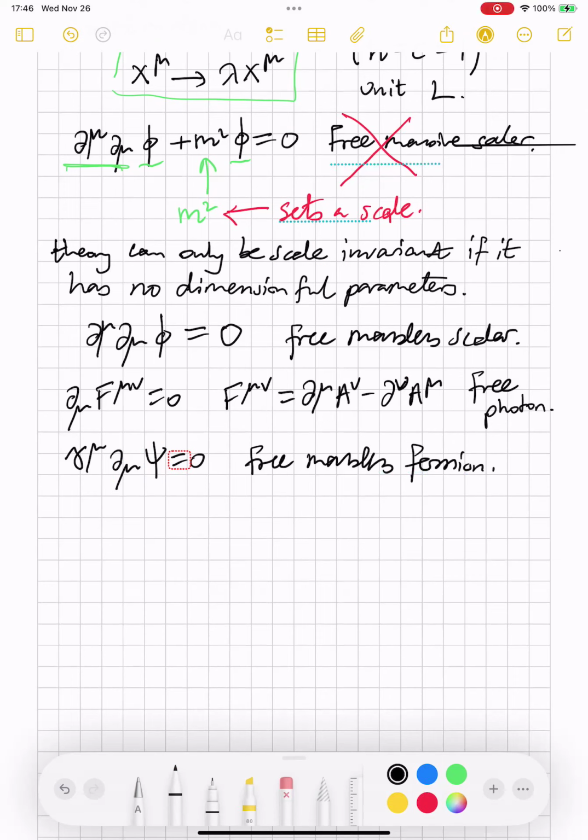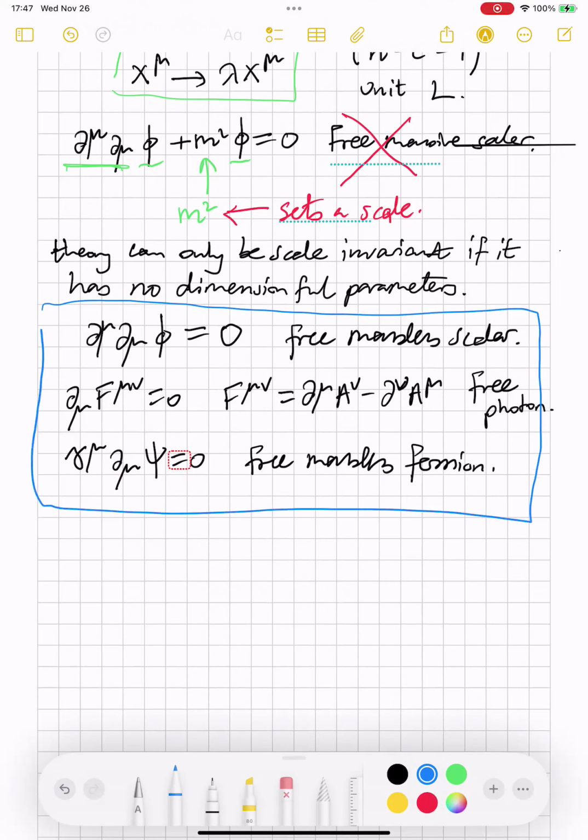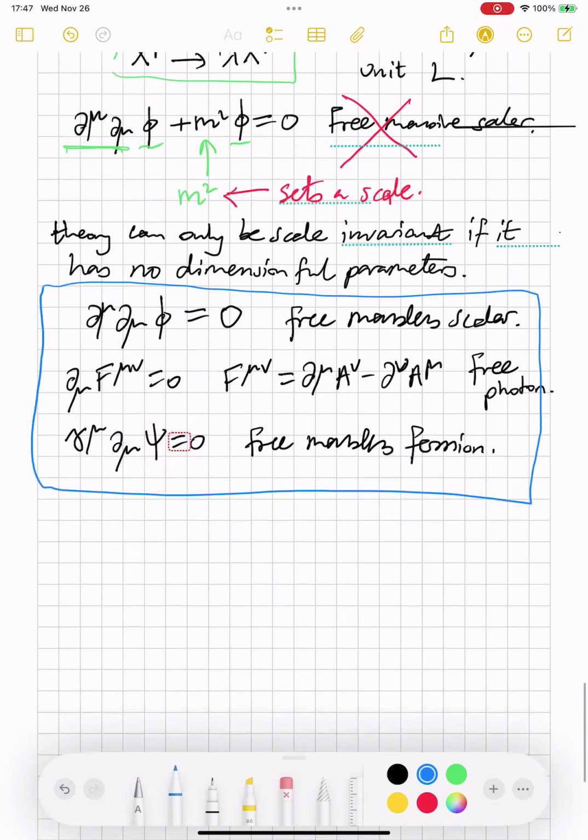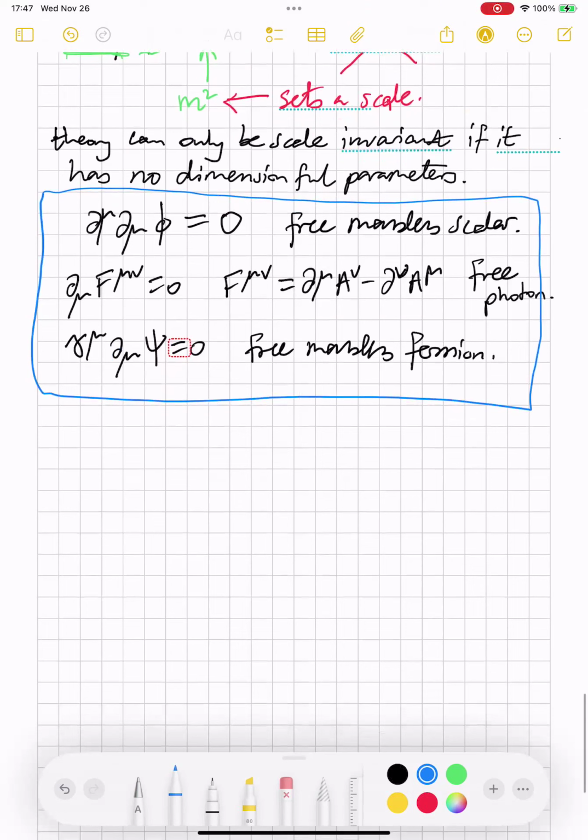So these three theories, even at the quantum level, it turns out that they are scale invariant. They're fully conformal invariant. But this is pretty disappointing, because if the only examples of CFTs that there are are free theories, well, we don't think that we're going to learn very much from this.